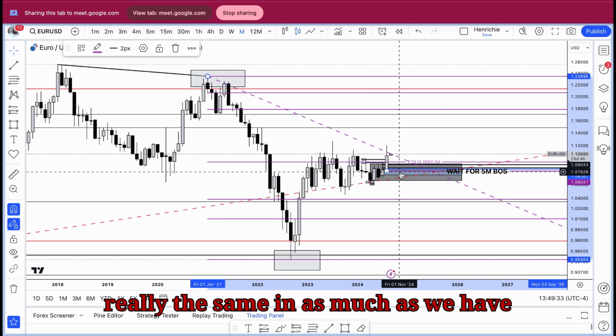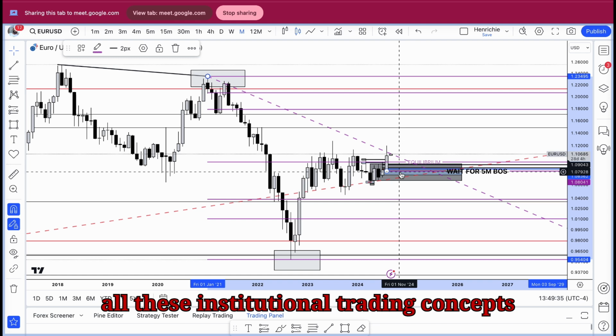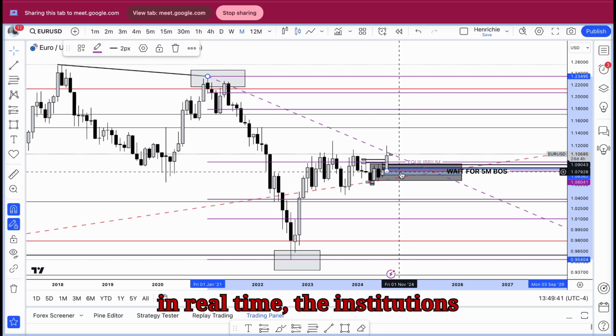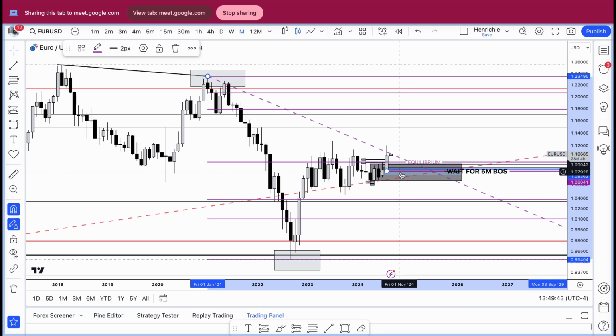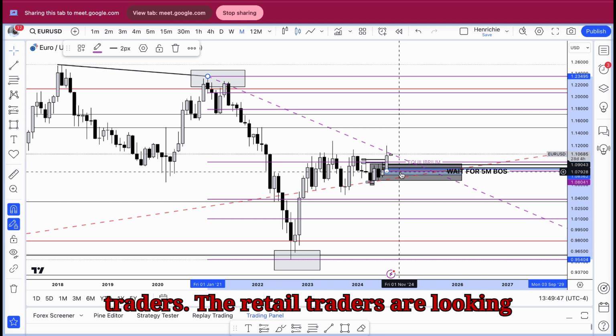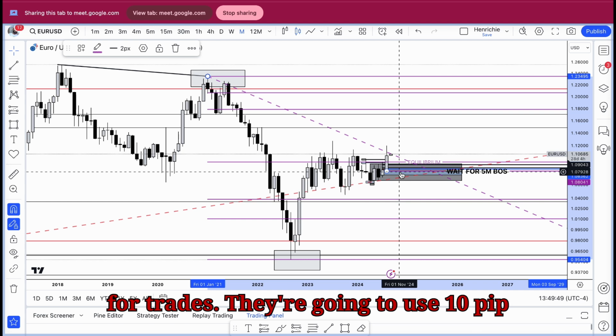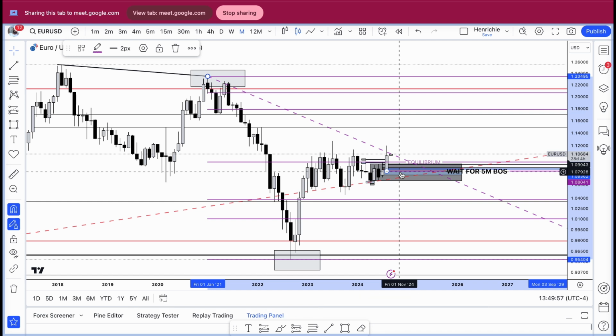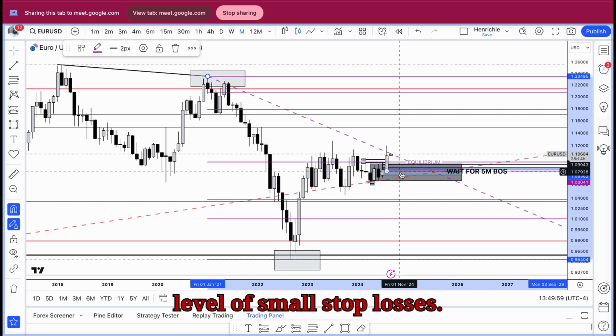In as much as we have all these institutional trading concepts flying around the air, in real time the institutions don't really trade like the retail traders. The retail traders are looking for trades. They're going to use 10 pip stop loss, 20 pip stop loss. The institutions don't trade with that level of small stop losses.